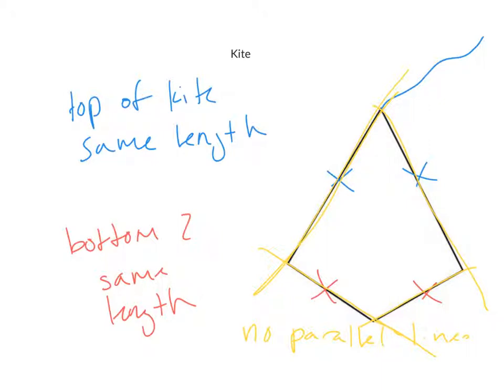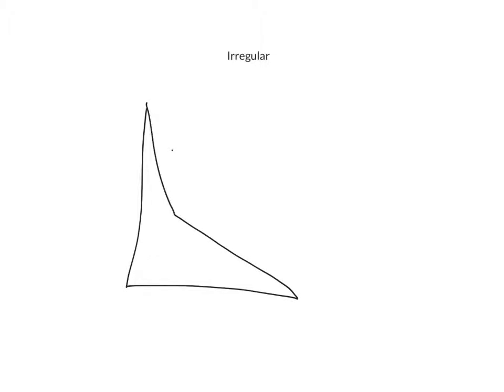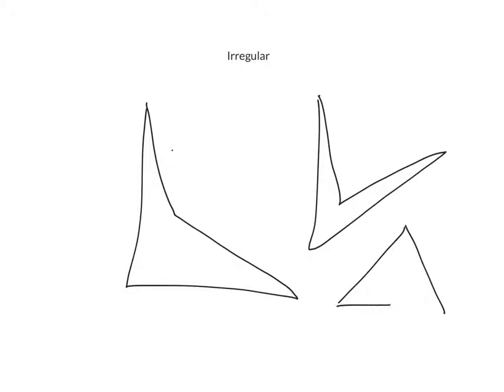Now, as we learned yesterday and a couple days before, we can make irregular quadrangles. So we can just make a quadrangle that has four sides and does not follow any of these rules. Just like that, one, two, three, four sides. Like that, four sides.